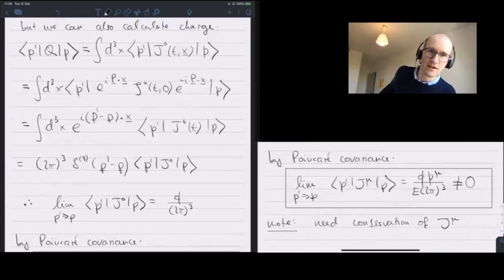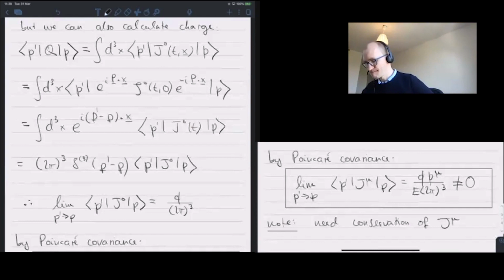Pranjal. Sorry, I missed the point where we used the conservation of J mu. So I think you need the conservation of J mu simply, otherwise you wouldn't have the charge defined as the integral over the zero component. I mean, this is all tied into the Noether theorem. Okay, and I also missed what this factor of capital E was, sorry.